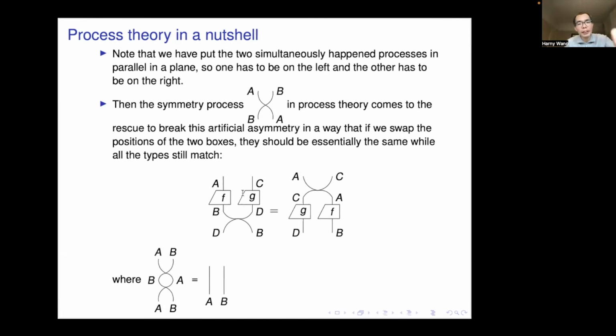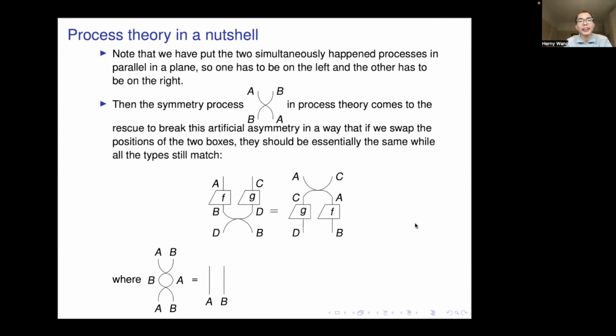First, this is swap. That means if you swap them twice, they should be the same. It should be identity, do nothing. And also, if we swap the place of two boxes which happen simultaneously, like FG to GF, they should be essentially the same.